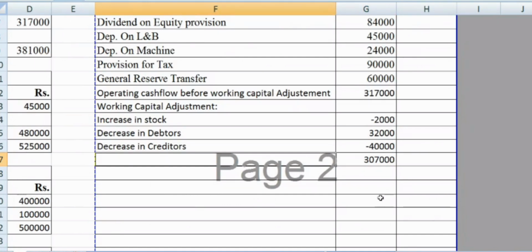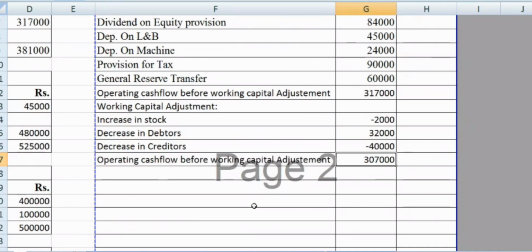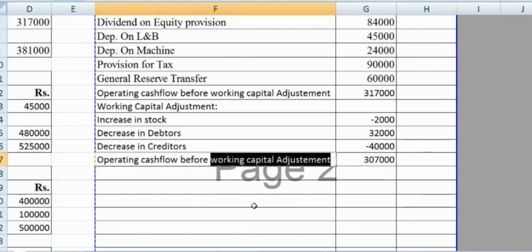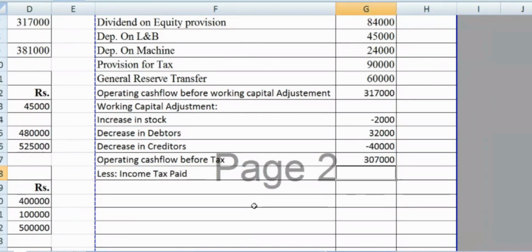Yes, sir. Okay, and this is considered as operating cash flow before tax. And then after, less income tax paid. So what the amount of income tax here paid?